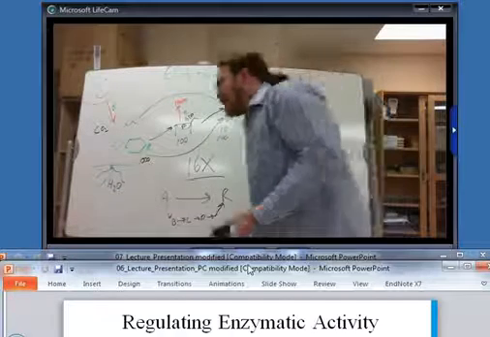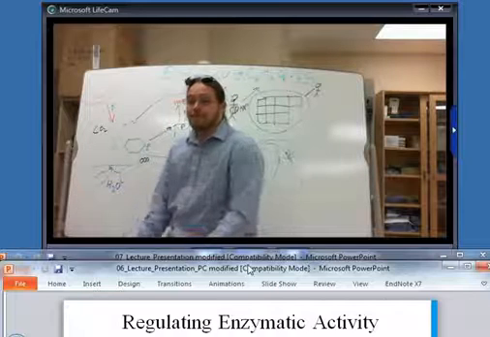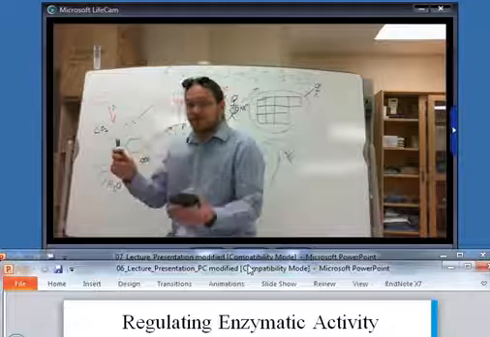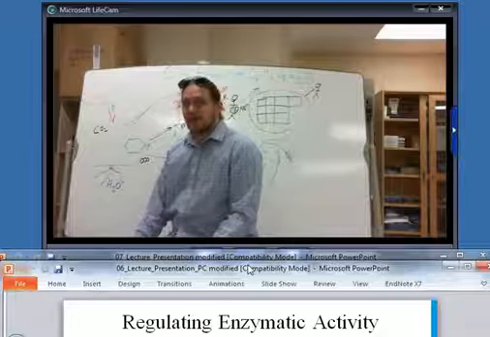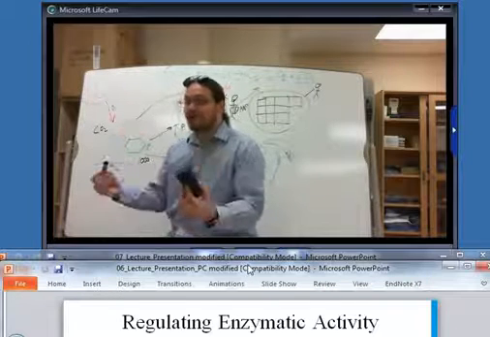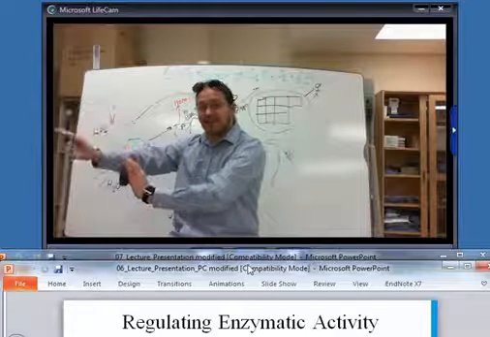And this may seem crazy, like why would you want to regulate enzyme functions in that way? But let's say you had something that was going to work to turn your fats into sugars that your body could use. Once you had a bunch of sugars around, you'd want to stop working on those fats, right? You'd say, all right, we have everything we need, let's save these fats for later.